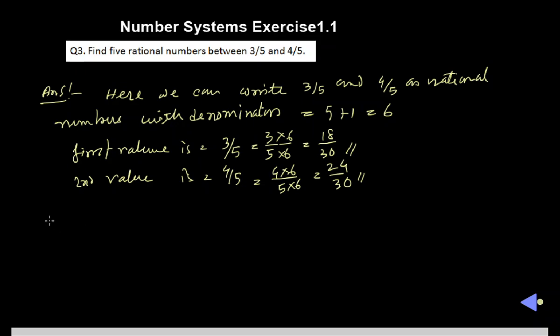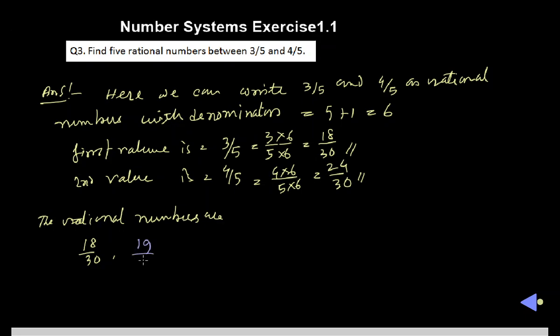Again, we can write here the rational numbers. Here we use the second method only. You can try the first method on your own. So the first given value is 18 by 30, which actually means 3 upon 5. And what will be the next value?